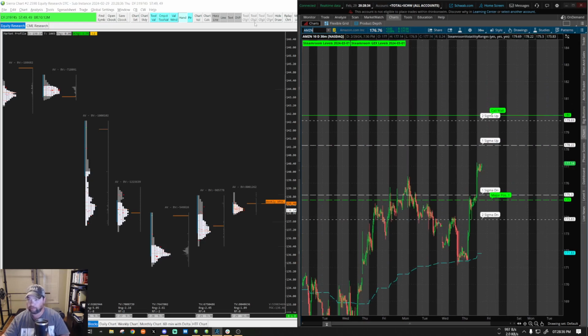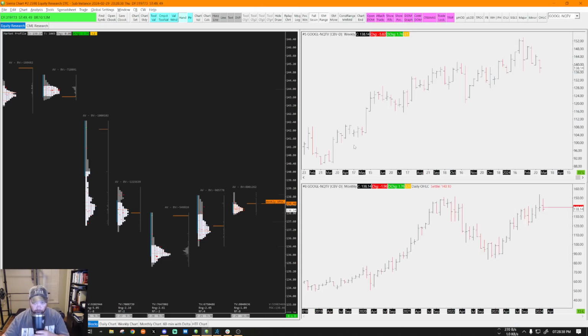It really does. Okay, Google. The Goog. Very similar chart, right? A very big monthly balance, and we have already looked above and failed. I think that's kind of key information, since they're pretty correlated instruments.